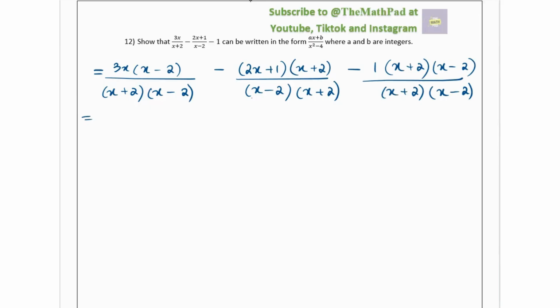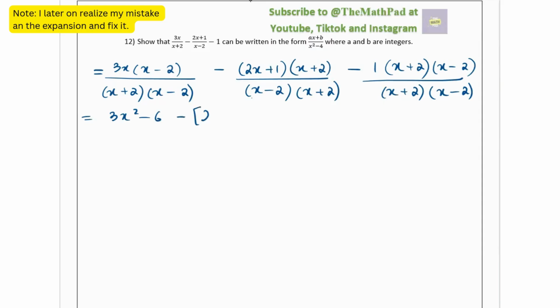So now we can expand the brackets in the numerators. 3x squared minus 6 minus 2x squared plus 4x plus x plus 2, minus 1 bracket x squared minus 2x plus 2x minus 2.